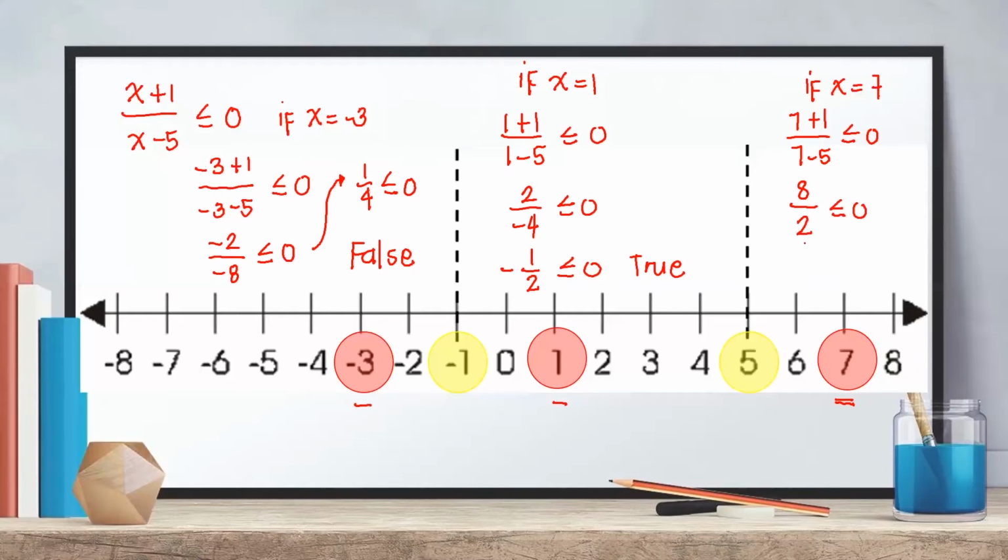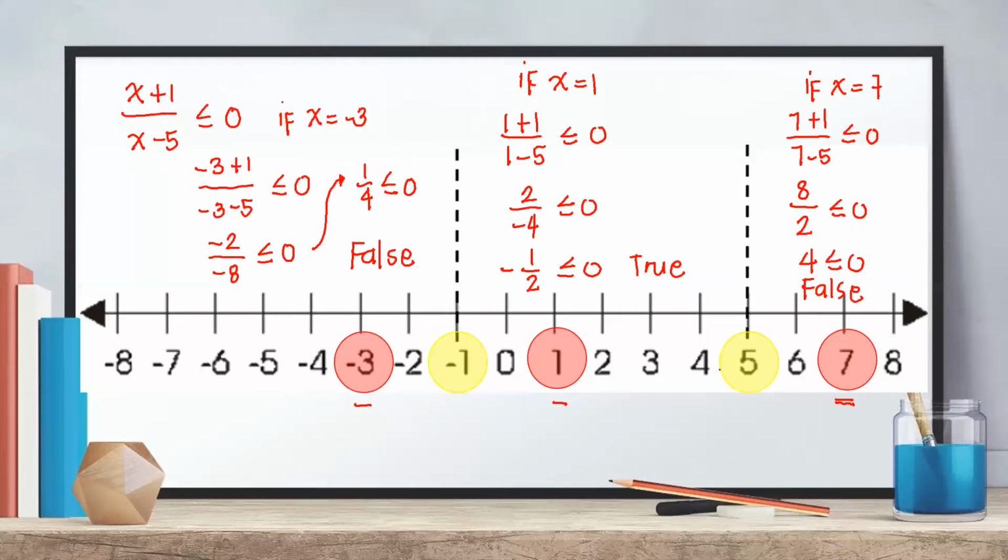Simplifying 8 divided by 2 will give us 4 is less than or equal to 0. Looking at this statement, we know that this is false because 4 is greater than 0.